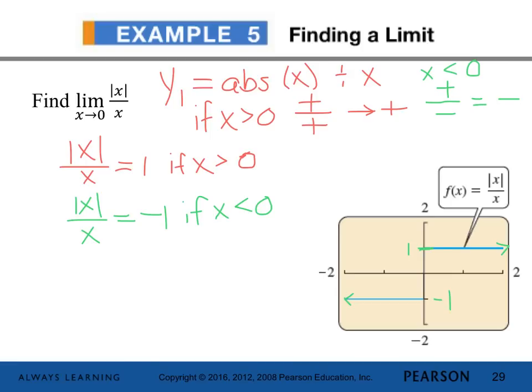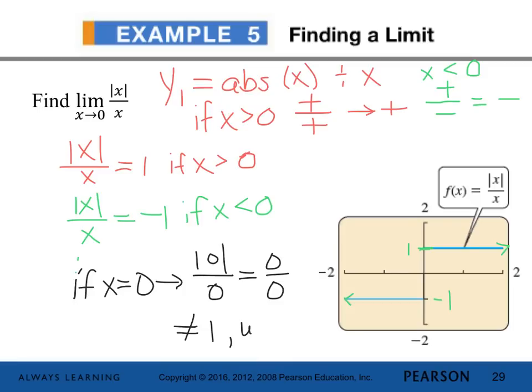However, at x equals 0, the absolute value of 0 divided by 0 is simply 0 over 0. And 0 is the only number that, when you place it over itself, does not equal 1.